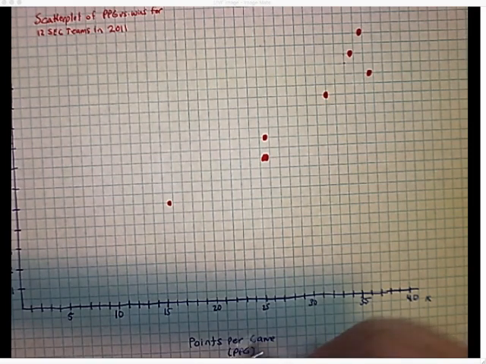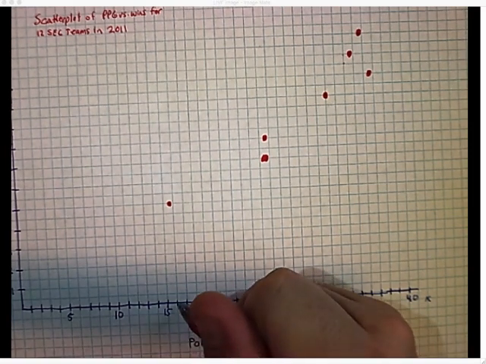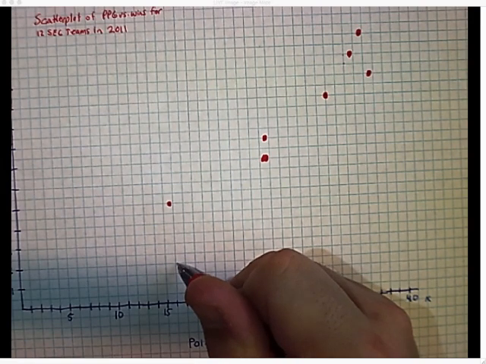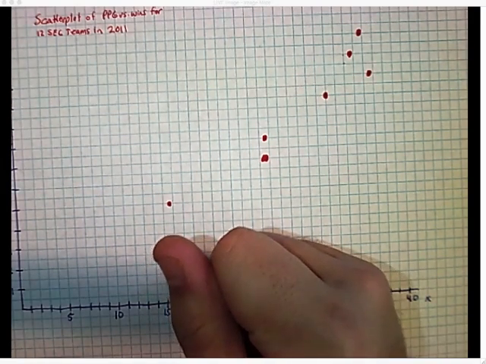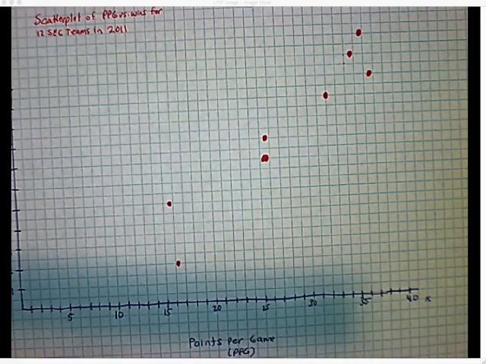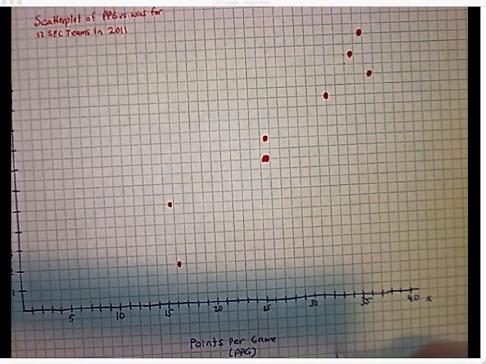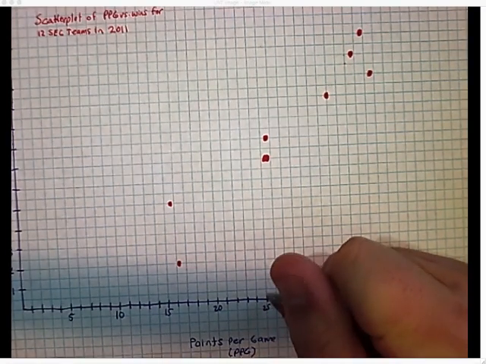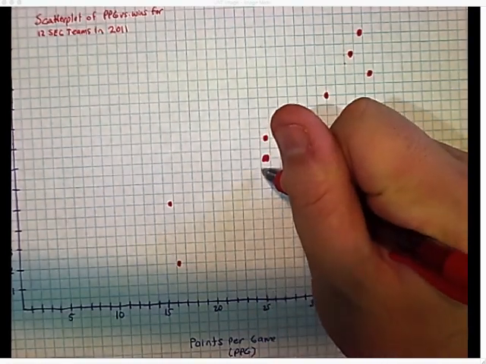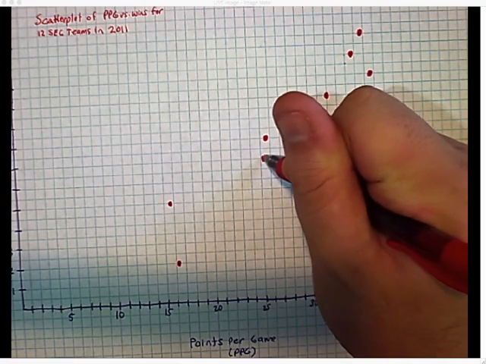Ole Miss had 16.1, but only 2 wins. Mississippi State had 25.3 and 7. This is another dot, basically.